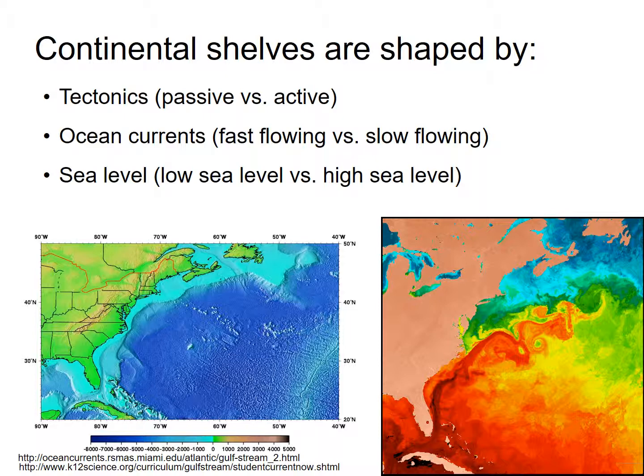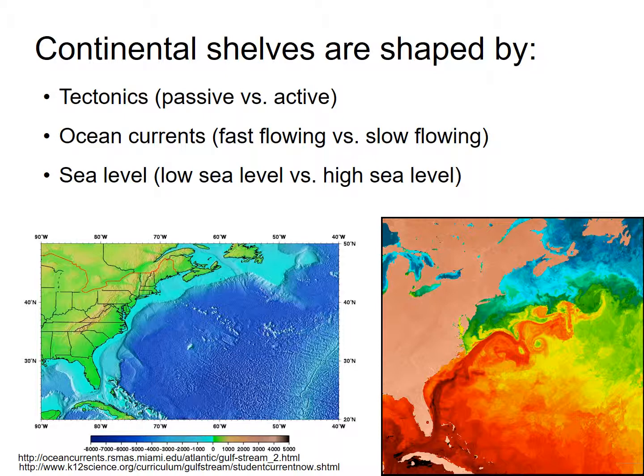If you look at these two images side by side at the bottom, on the left side, you see the bottom contours of the continental shelf along the continental United States. Just take a moment to locate Florida. You can see the light color is the continental shelf and the darker colors are the deeper ocean.